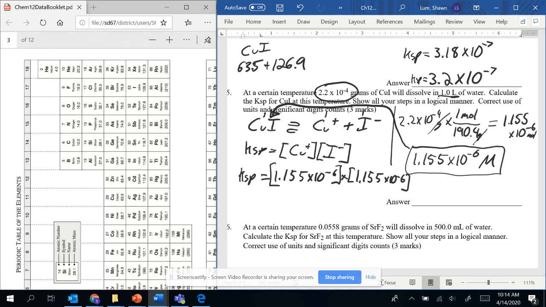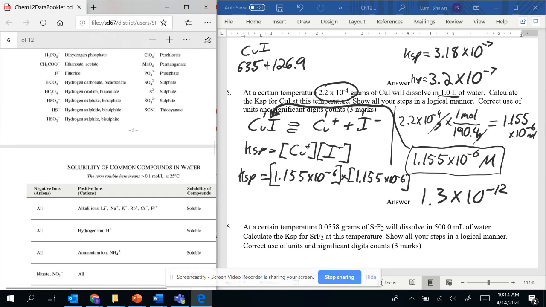And I get, again, this is going to be 2 sig figs. So this is all going to be 2 sig figs. I kept this as more sig figs and then just changed it at the very end. This is going to be 1.3 times 10 to the negative 12. And that's going to be our Ksp.